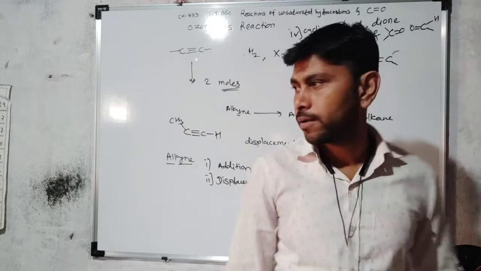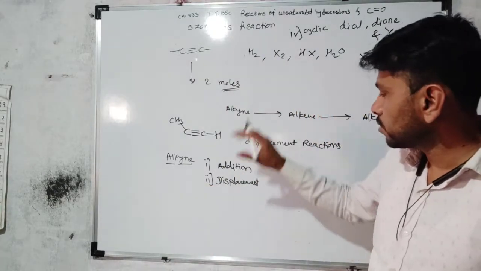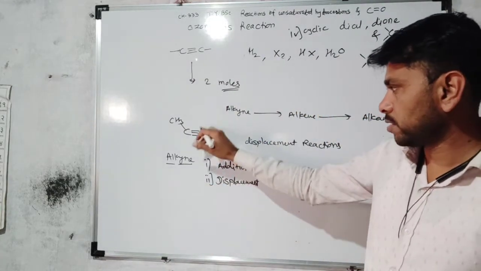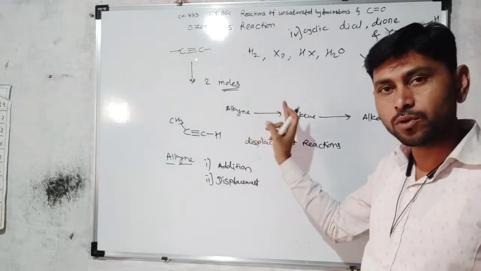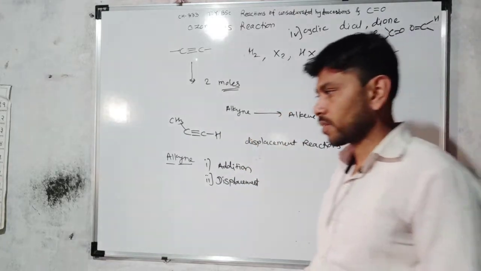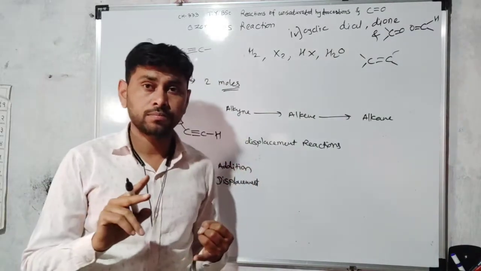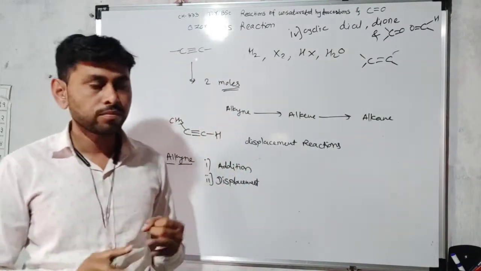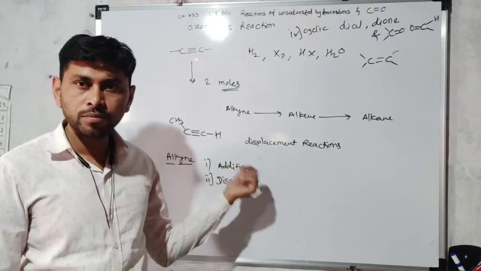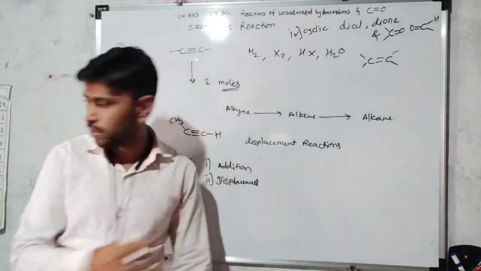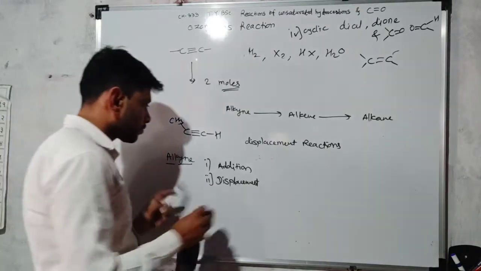The displacement reaction gives addition of metal compounds, which is important in organic chemistry. With metals, as we saw with the Grignard reagent, and some other metals, acetylide compounds are formed, which we will see in the reactions.